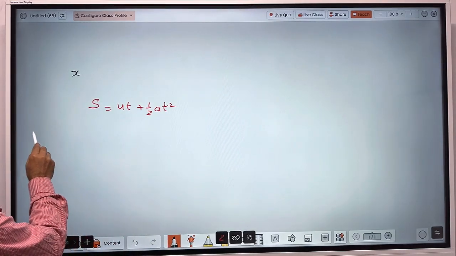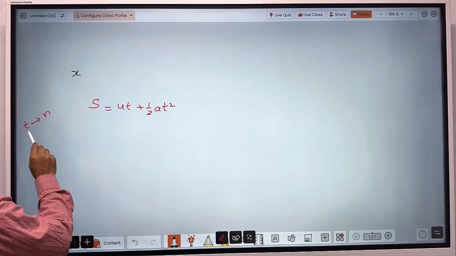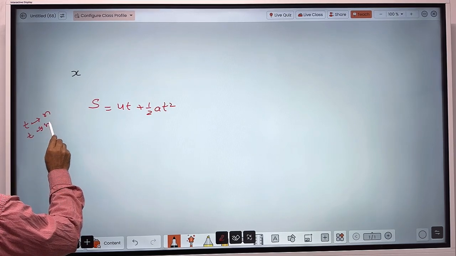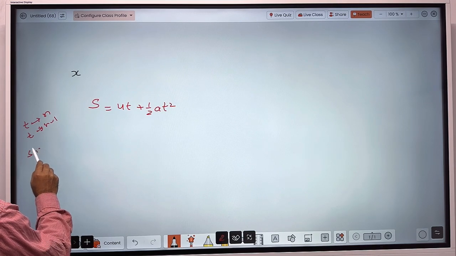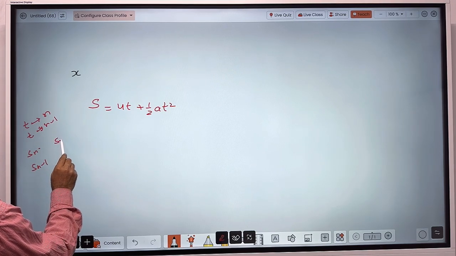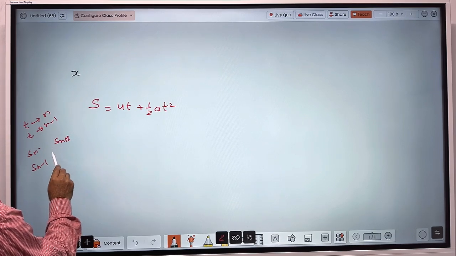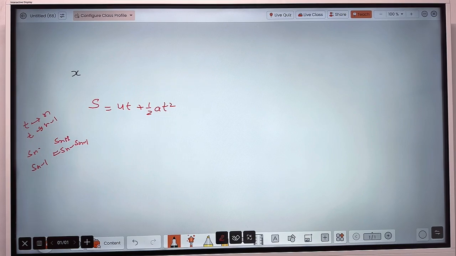Now we take once t as n and then second time t as n minus 1, and corresponding distances we denote as Sn and Sn minus 1. Then we find the difference. Snth, distance traveled in nth second, is Sn minus Sn minus 1. So this is the concept that we are going to make use of.